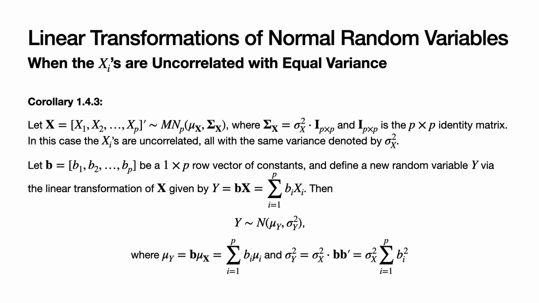And so this is the inner product of the b vector with itself. And that turns out to be sigma squared times the sum i going from 1 to p of b sub i quantity squared. Now again, note that in this corollary, because q is equal to 1, y is a univariate random variable rather than a vector.